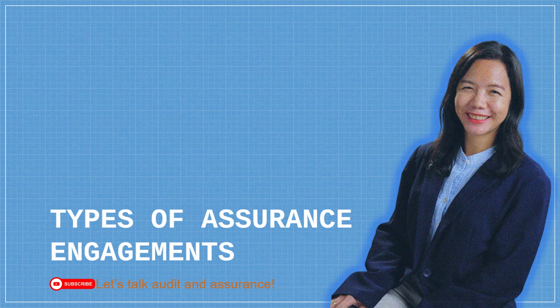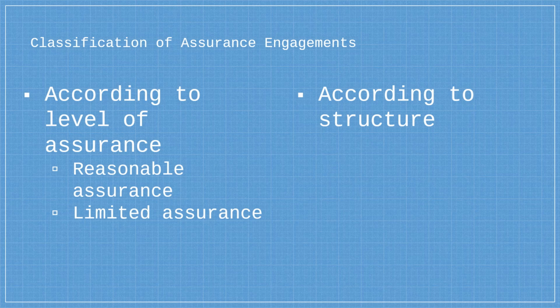So, for this segment, we are going to talk about the classifications of assurance engagements. Previously, we ended our video with a talk about the difference between a reasonable assurance and a limited assurance engagement. I hope you still remember the main difference between the two essentially lies in the scope of work, in the procedures that can be performed.